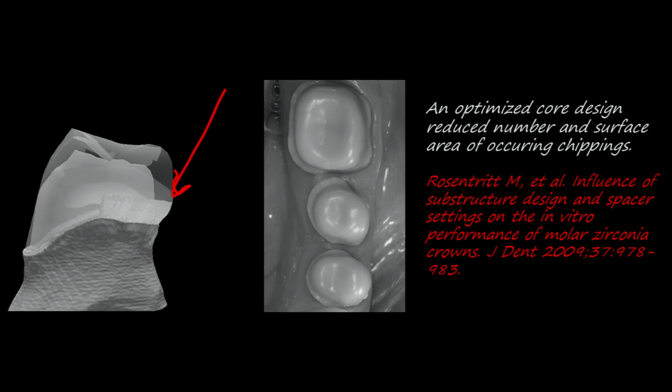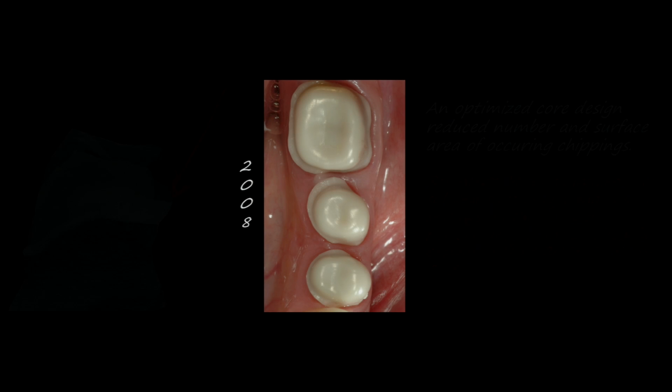And this is important not only with metal ceramics. There's plenty of research to show, both in vitro and clinically, that this is also important for all ceramic restorations, mainly with zirconia. And you can see here on the left-hand side of the screen that the design of the coping on the CAD unit is such that the coping provides support to that veneering porcelain.